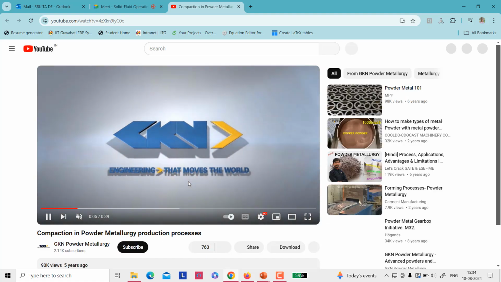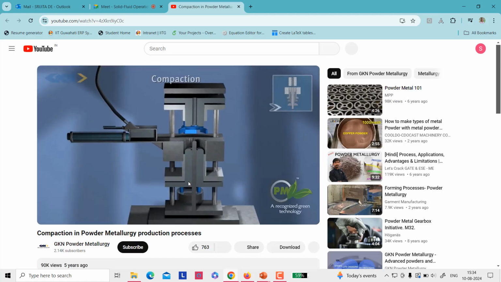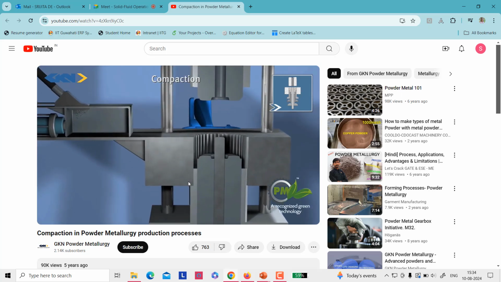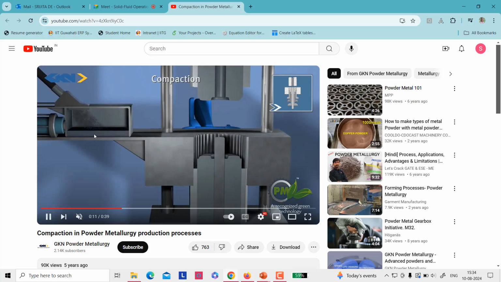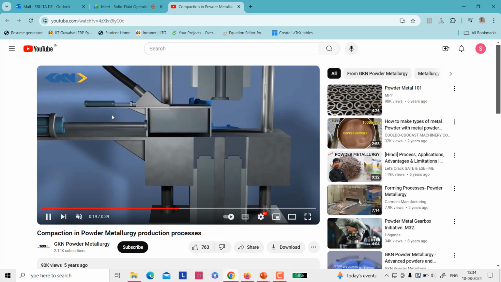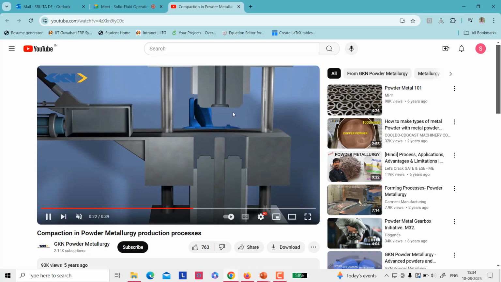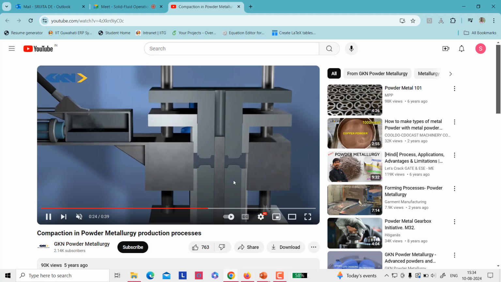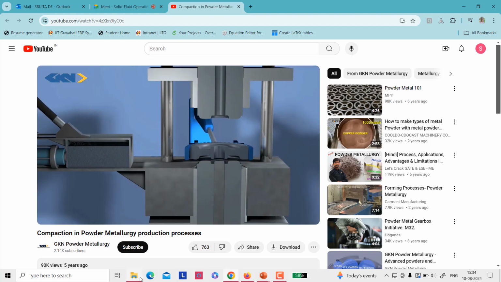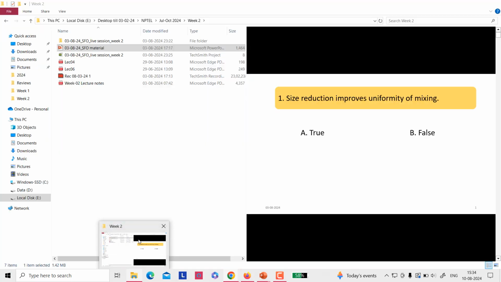So this is the compaction. In compaction, you can see the feed is coming from here and is sent here to be compacted. It is getting compacted between two forces and getting a proper shape.